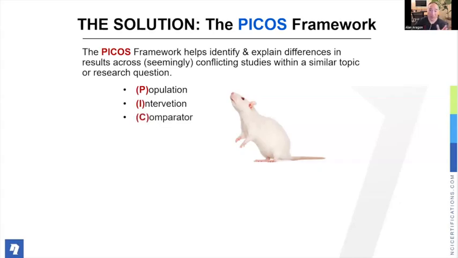What's the comparator? Are we comparing creatine to some sort of inert placebo control like a sugar pill? Or are we comparing a low protein intake, like at the RDA level, to double the RDA? So what is the intervention and what is the comparator?